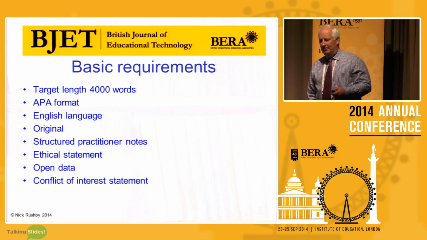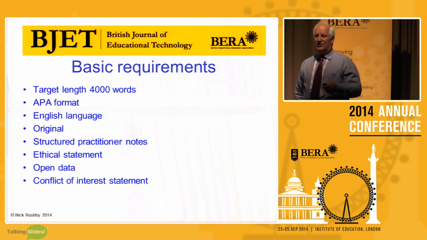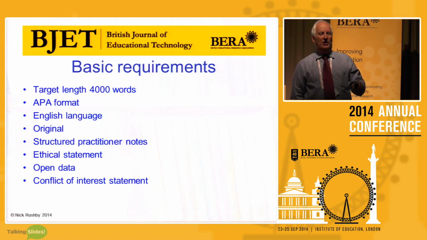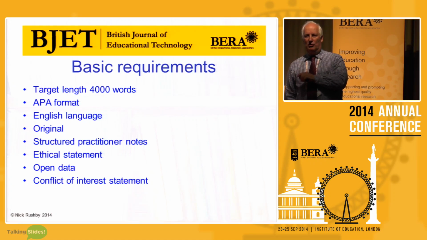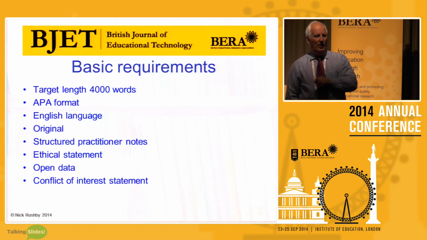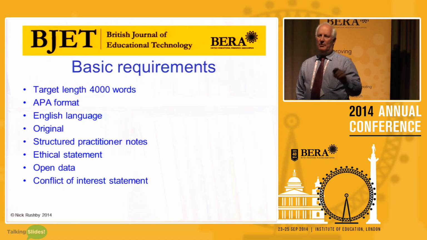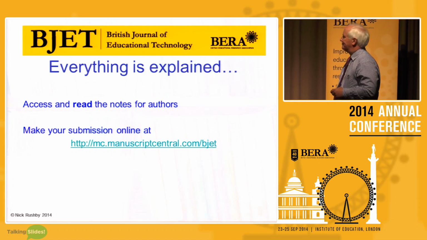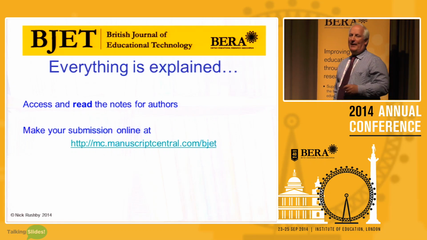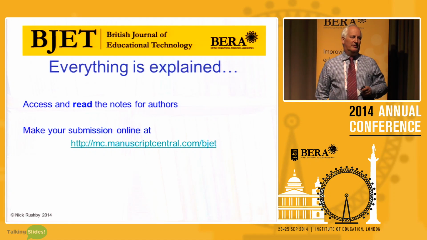And also, perhaps it reflects the fact that sometimes in educational technology there are commercial, technological interests. We asked for a statement on conflict of interest. So there are one or two other things that we asked for. Everything is explained in our notes for authors.